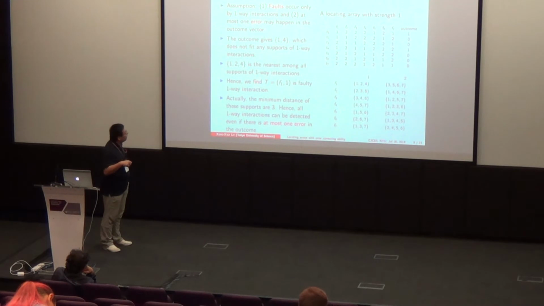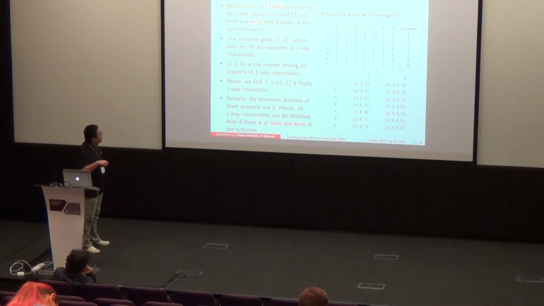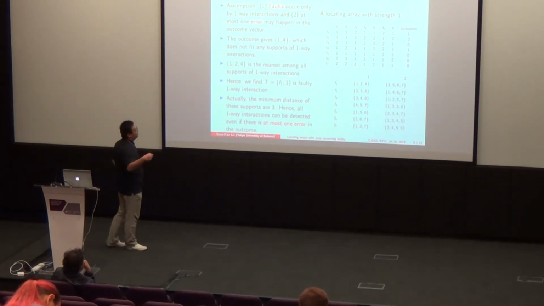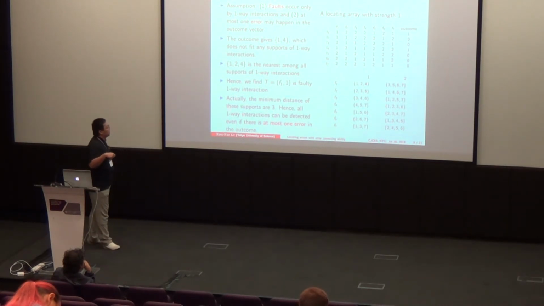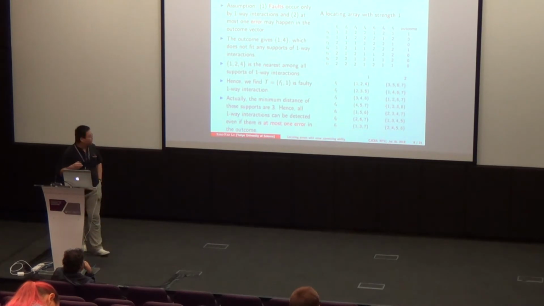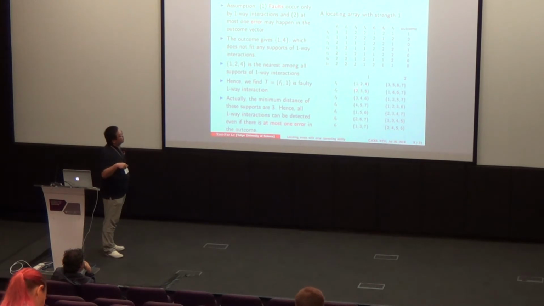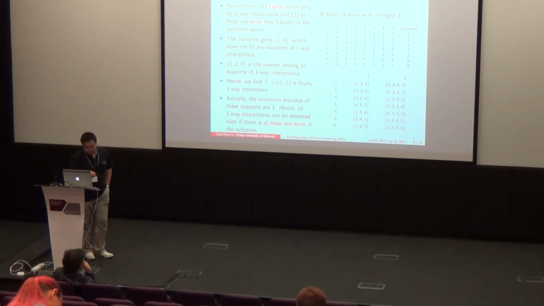So in this case, actually we should consider the minimum distance of this subset in the table, and also in this case, all one-way interactions can be detected and also corrected, even with at most one error in these outcomes. So in this example, we can see in this table there is such kind of subset.